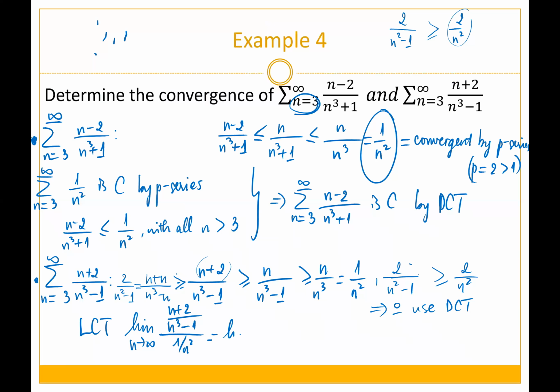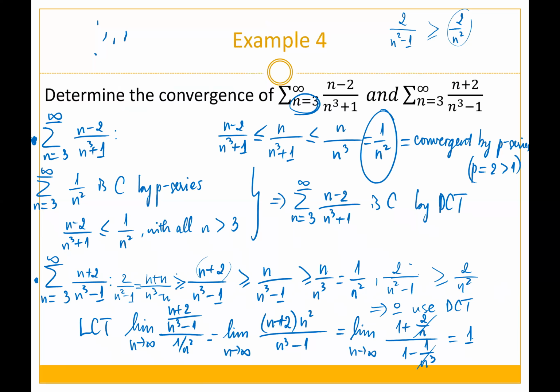So if you find this limit, it's going to equal n plus 2 multiplied by n squared over n cubed minus 1. And if you take the highest degree out, what you end up having is the limit as n approaches infinity of 1 plus 2 over n divided by 1 minus 1 over n cubed. And so this is 0, this is 0, so what I end up having is 1.